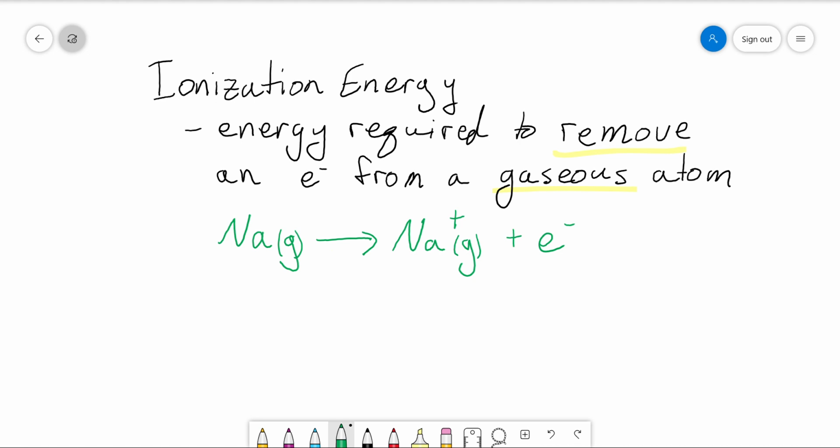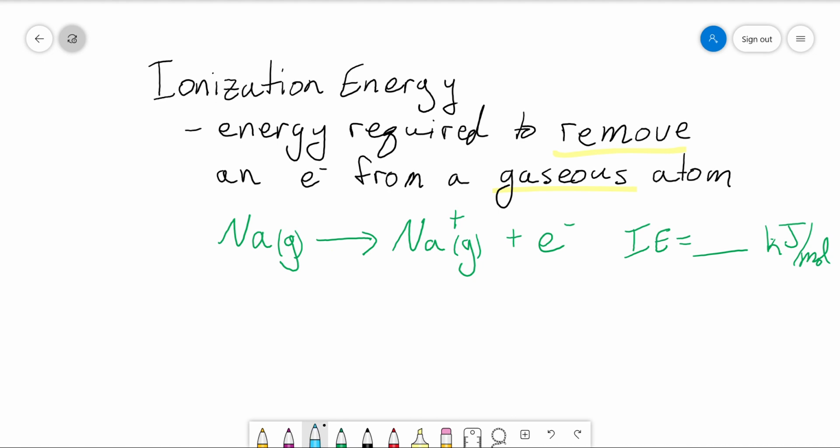That is the equation for the ionization energy. And then we would have some energy associated with that, which we would call the ionization energy. And I don't know what it is for this, but it's some value in kilojoules per mole. And that is kilojoules. That's a K there. Let me just fix that. Kilojoules per mole.